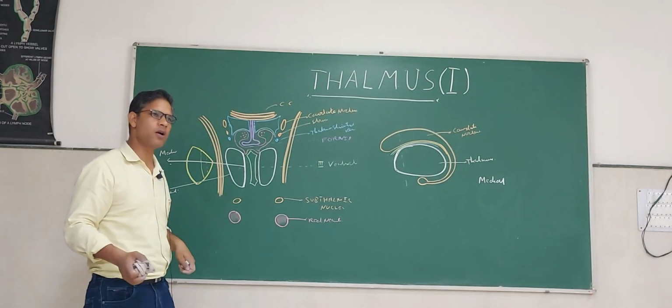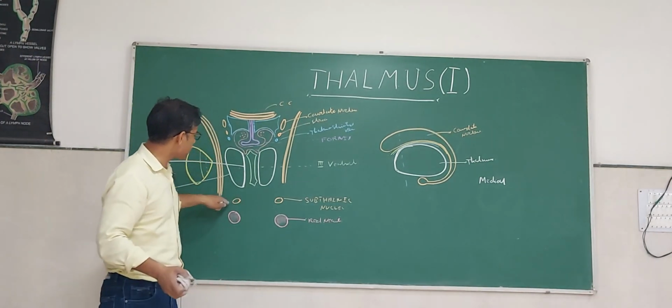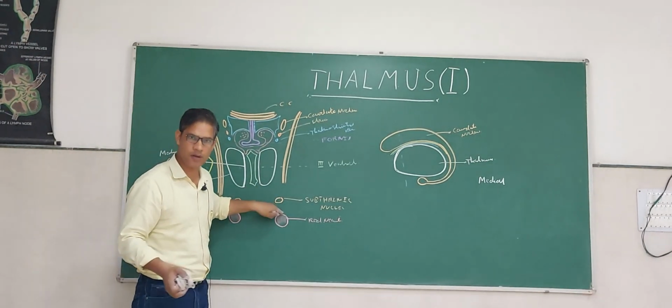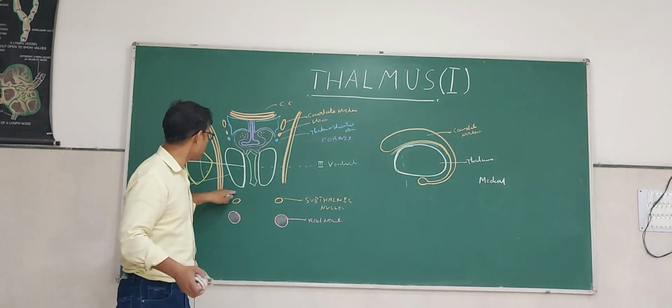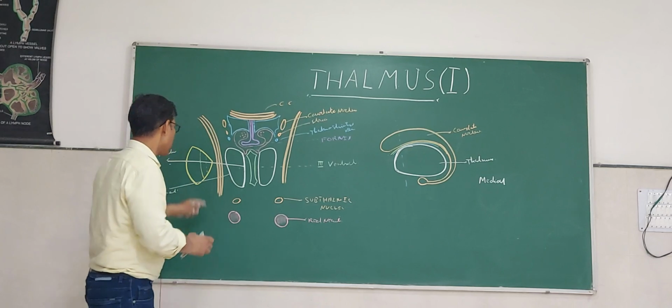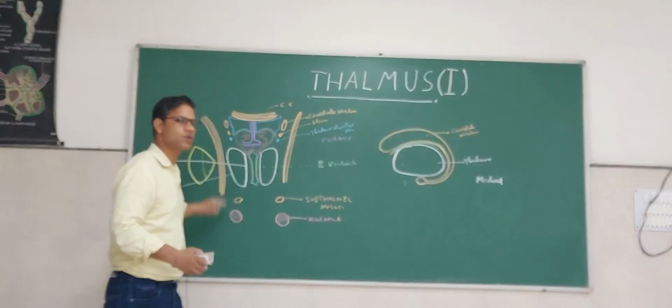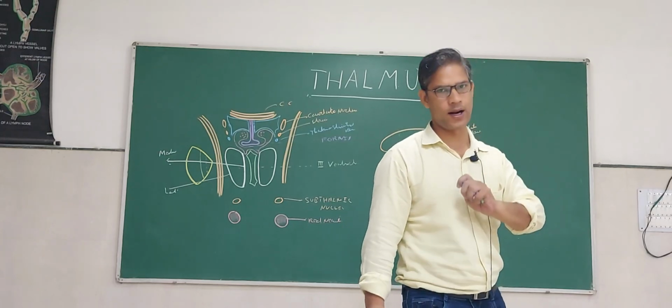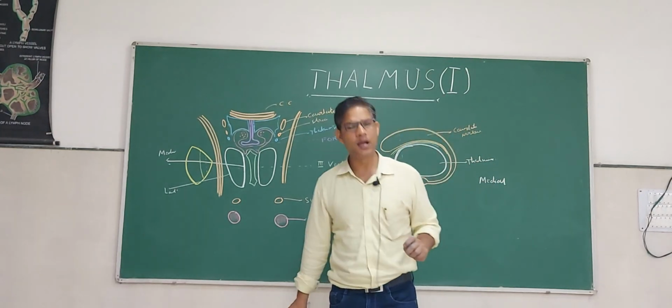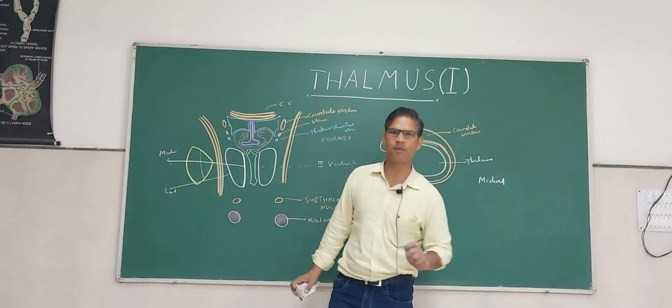This diagram is showing the same relations of the upper surface. When you are talking about the inferior surface, you can see there is the subthalamic nucleus, there is a red nucleus, and especially a zone where the fibers are coming and reaching the thalamus, known as field H1 of Forel, because the basal ganglia also have connections with the thalamus.